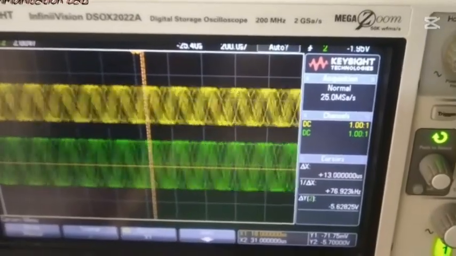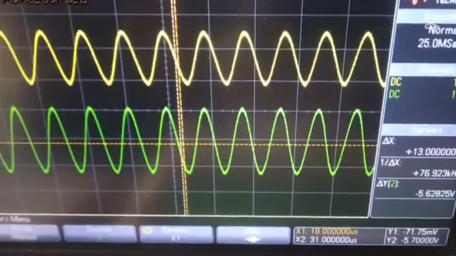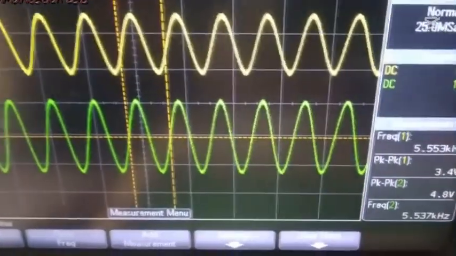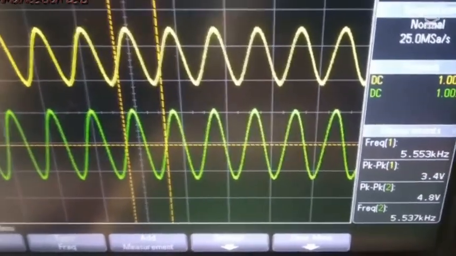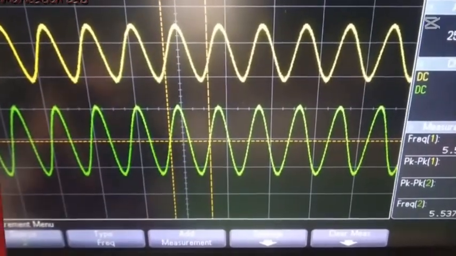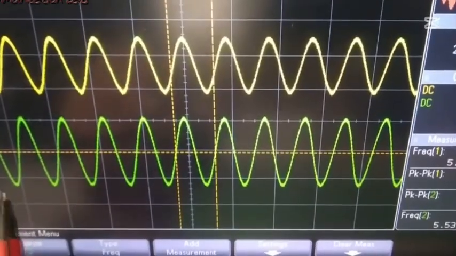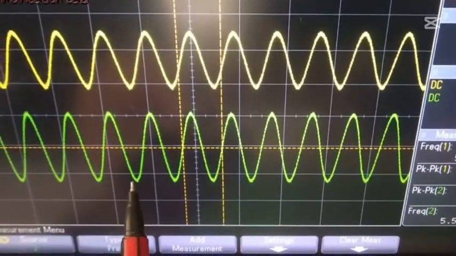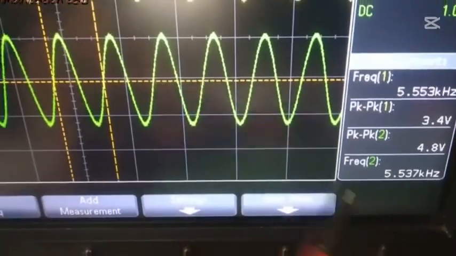Now let's talk about the demodulation. The lower wave is our original wave, and the upper wave is our demodulated wave, meaning the original message signal and the extracted demodulated message signal. The upper signal has some delay compared to the original signal because it passes through components.